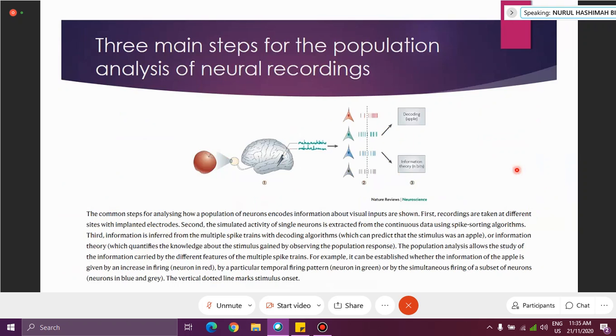Okay, there are three main steps for population analysis of neural coding. So this is the whole process. This is the stimulus, an apple. The sensory modality here is visual. So you see an apple, and the action potentials are processed.